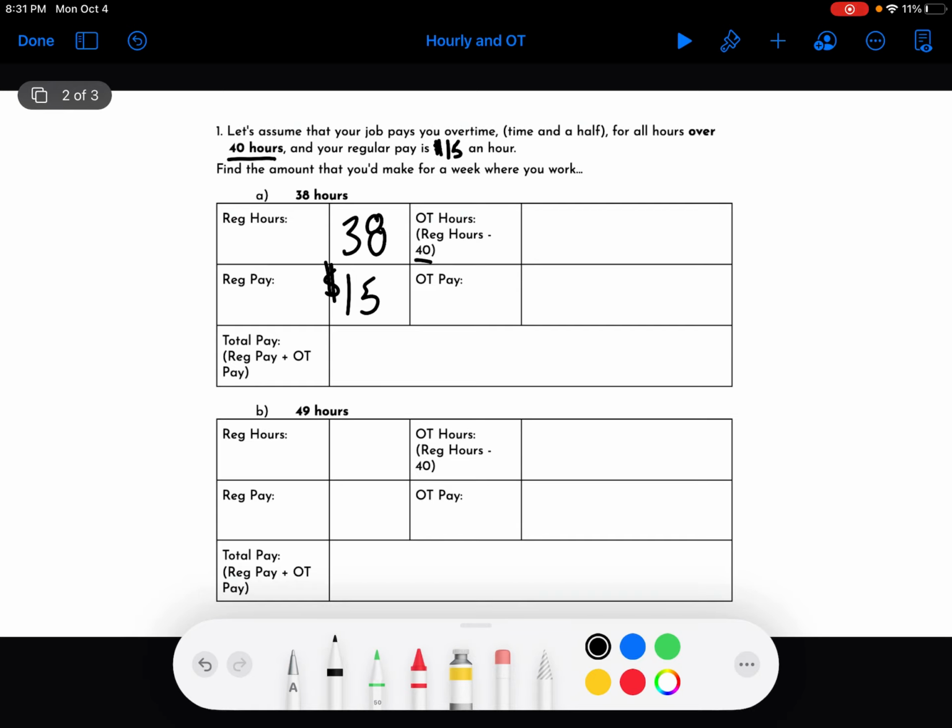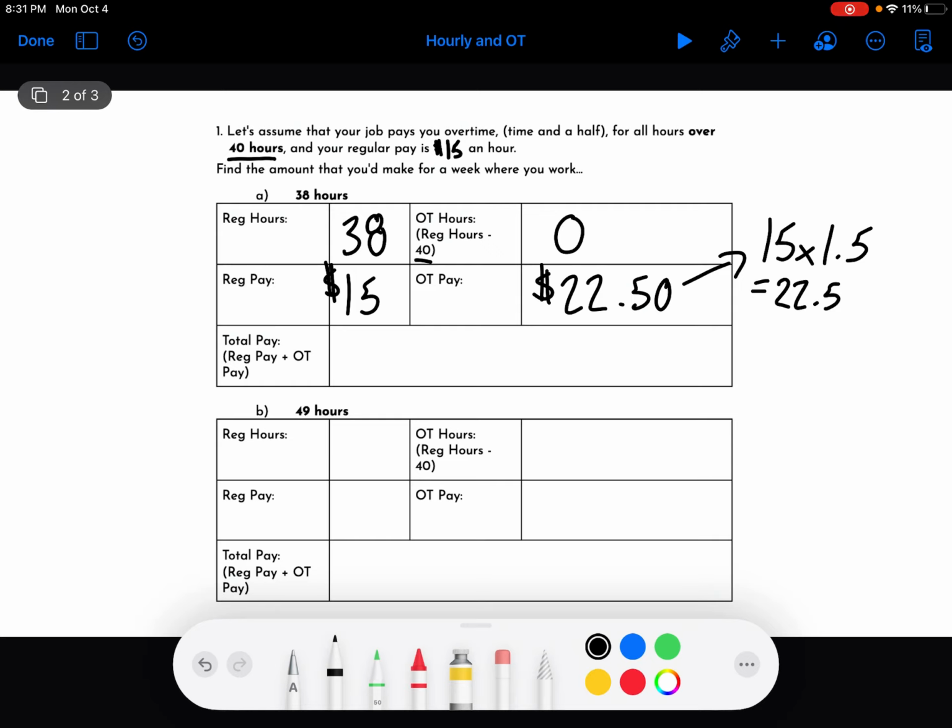So we're going to have 0 hours of overtime. Now we can do the time and a half, which would end up being $22.50. The way I figured that out was I did 15 times 1.5, time and a half, and that's $22.50, or 22.5, but we're dealing with money, so it becomes $22.50.